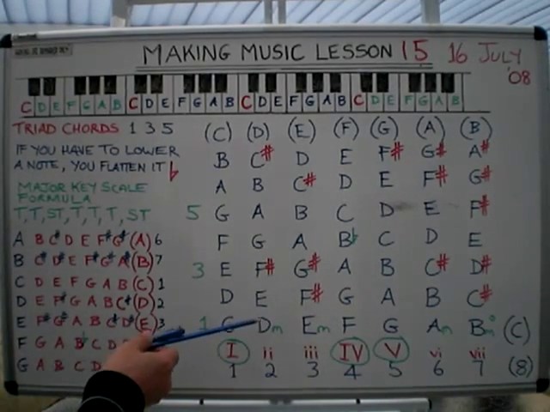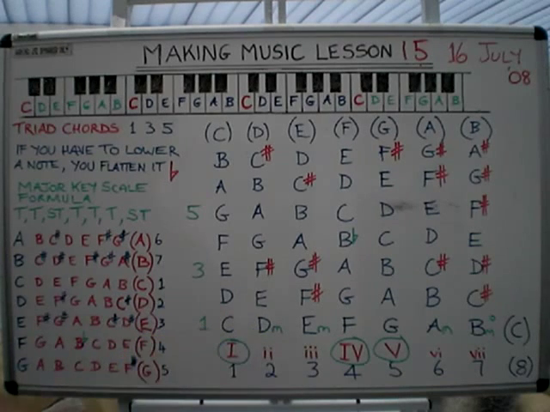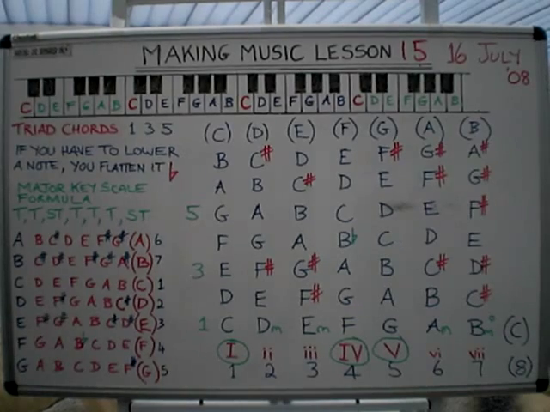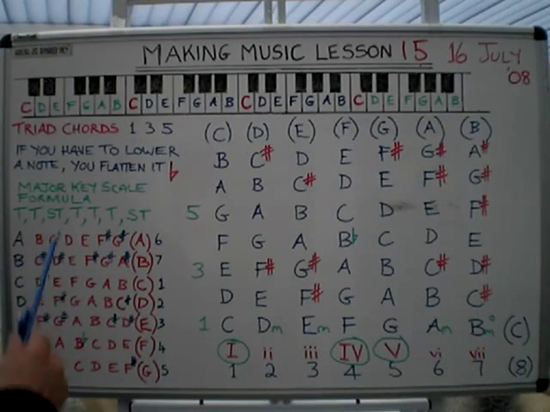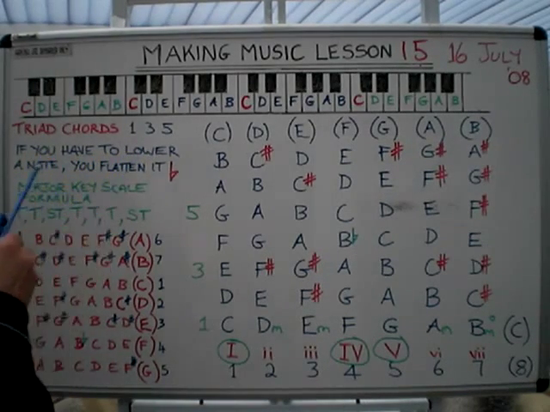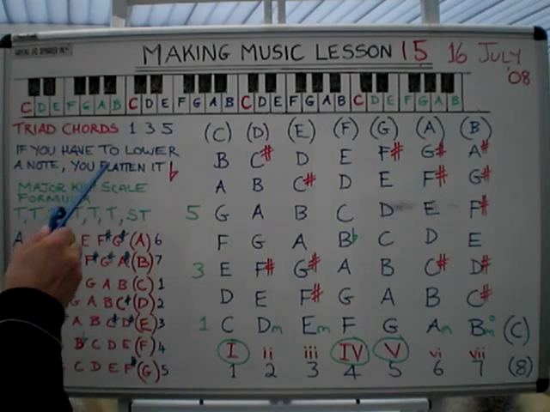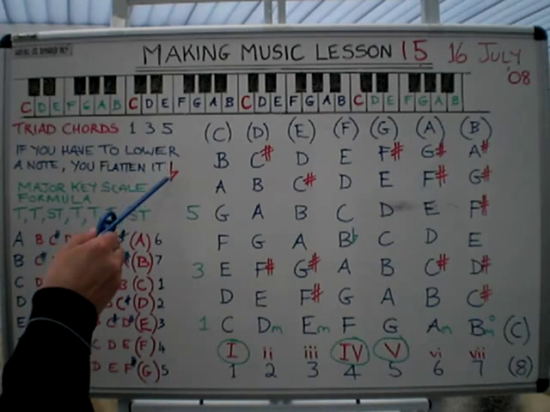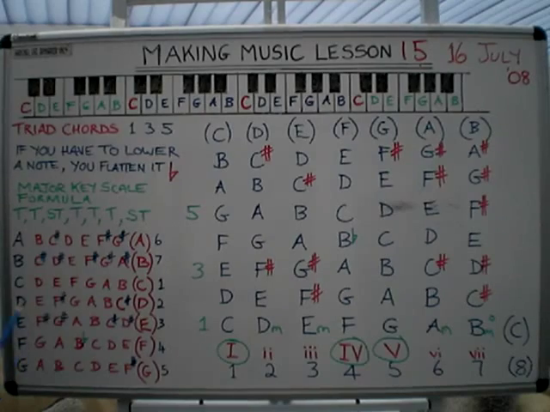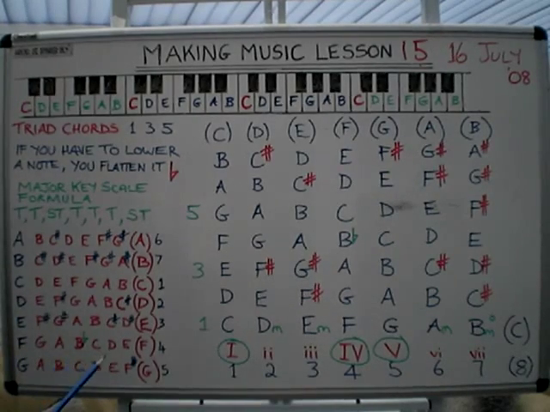Now, the reason why it's become a minor rather than a major. If you have to lower a note, you flatten it and you use that symbol. Now, why would I have to lower it?